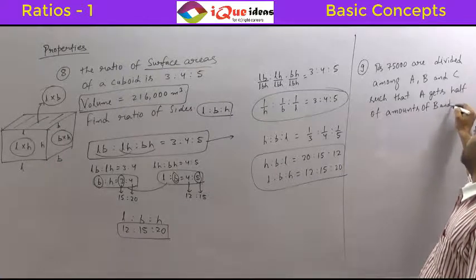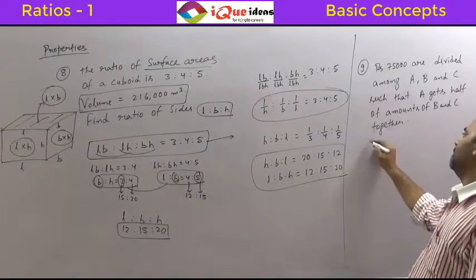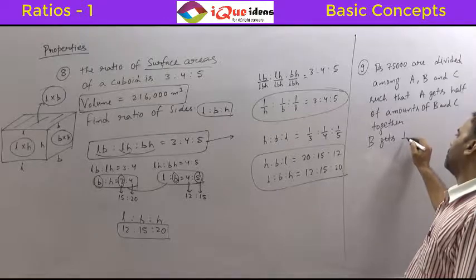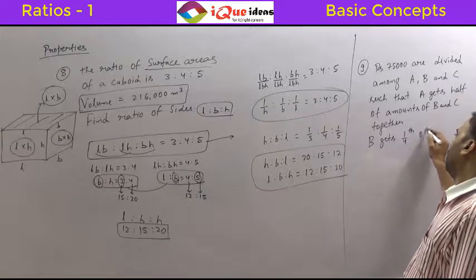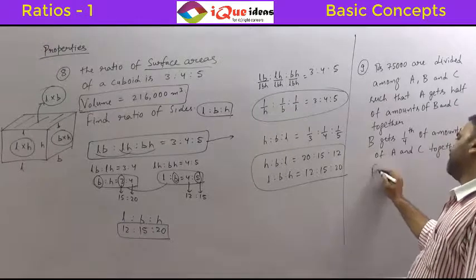B gets 1/4 of the amounts of A and C together. Find their individual shares.